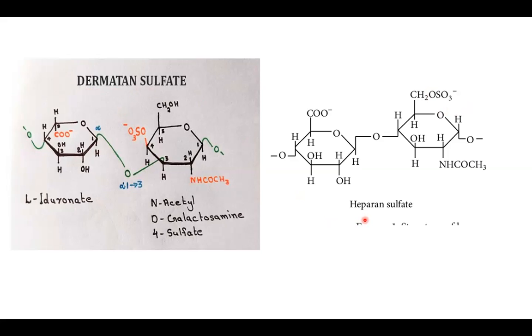I'm going to say this again. Dermatan sulfate and heparin sulfate need a specific enzyme called iduronate sulfatase, which is responsible for removing the sulfur group. If I do not have this enzyme, I'm not able to remove the sulfur group, and therefore I'm not able to break down the GAG chain.